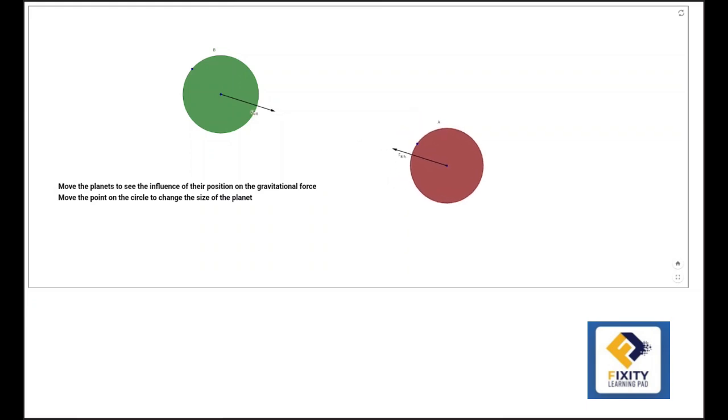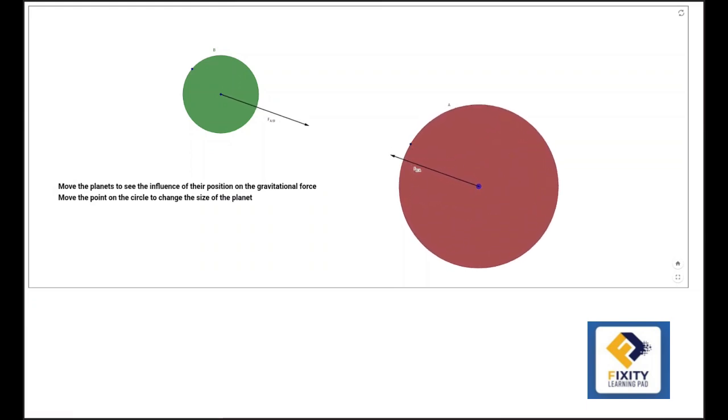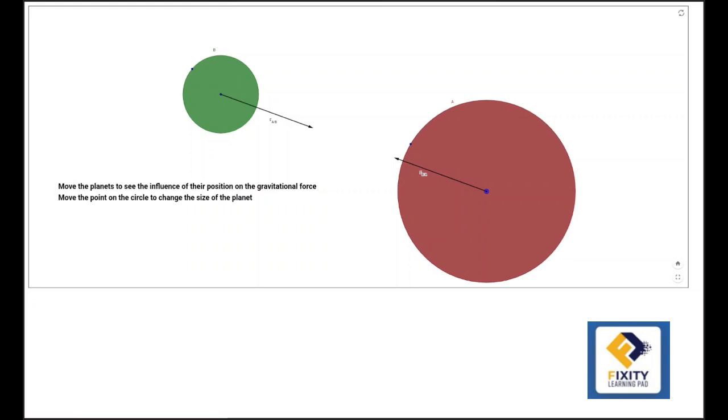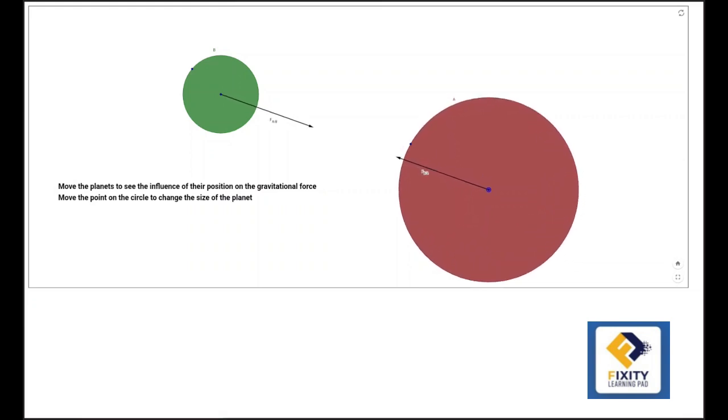But what if I change the size, or you can say the mass? Here the size is proportional to mass, at least for this simulation, right? You can see as I'm increasing the size, the gravitational force is increasing.